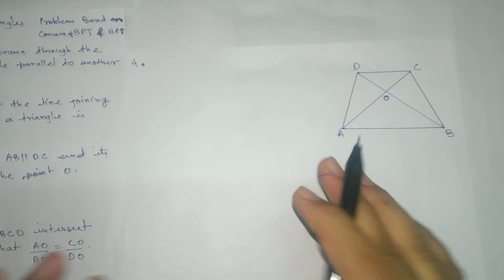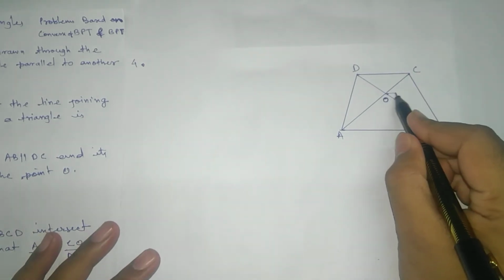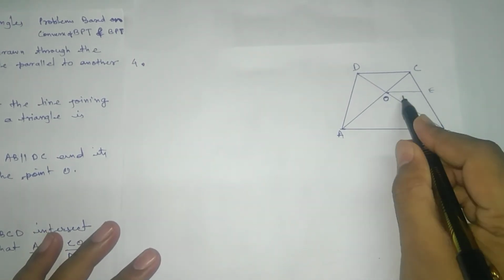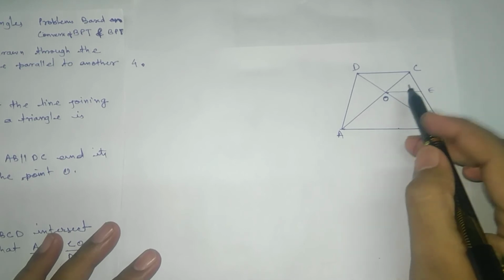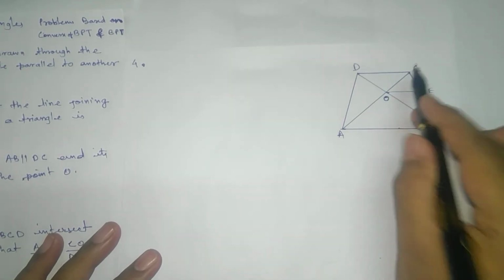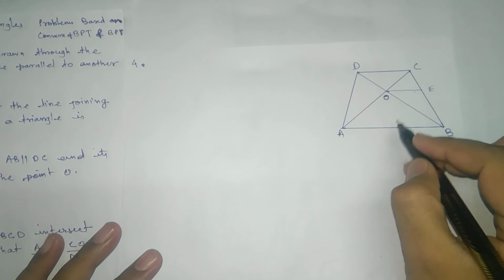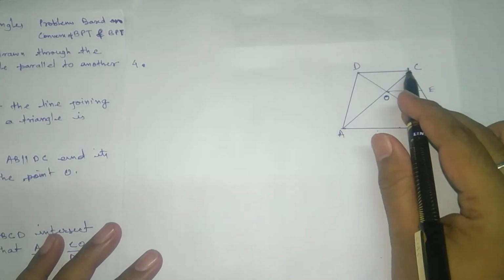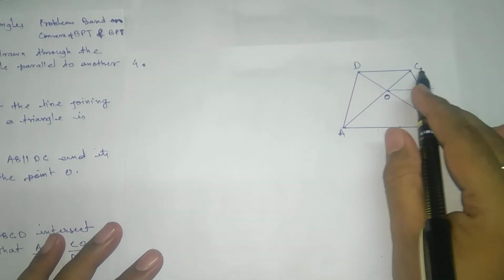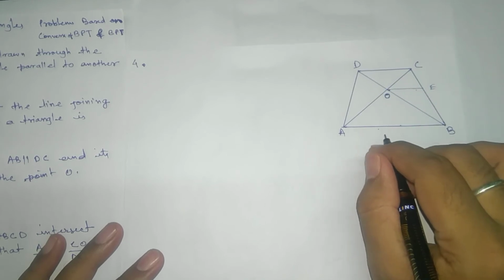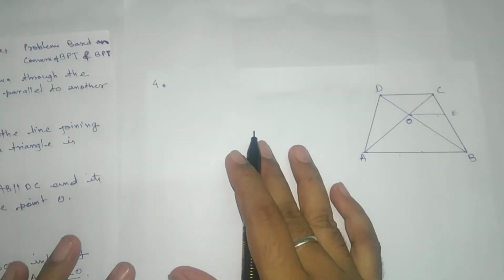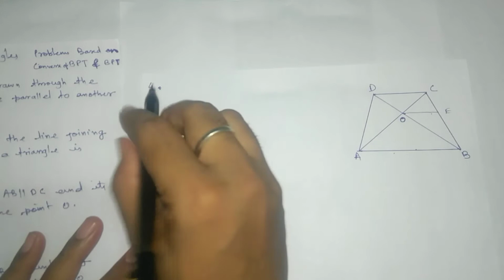In this case also we're going to construct one side, that is OE parallel to AB, and we're going to show that OE is parallel to DC. Then OE is parallel to AB and OE is parallel to DC, that means we can say that AB is parallel to DC. That is our target.